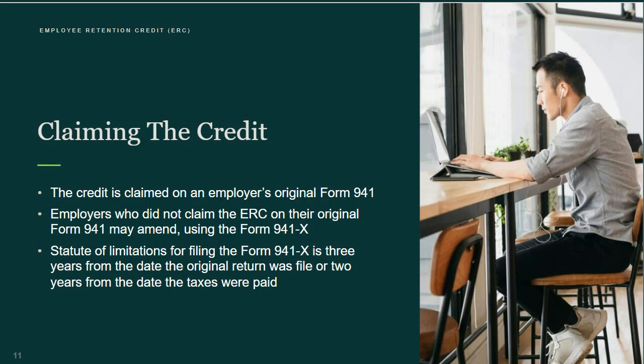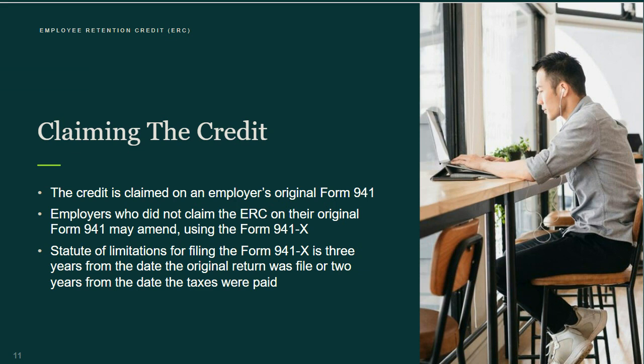So this slide is just kind of on the practical: how do you claim the credit? It's a payroll tax credit, and so it's claimed on the 941. Or if you did not claim it on the original 941, you can go back and amend with the 941X.